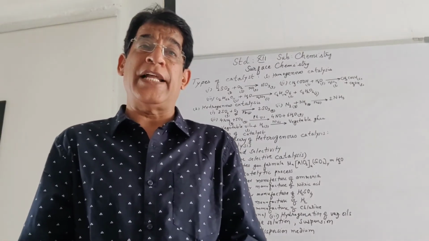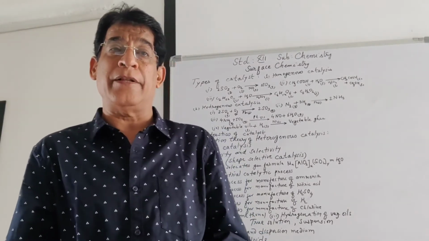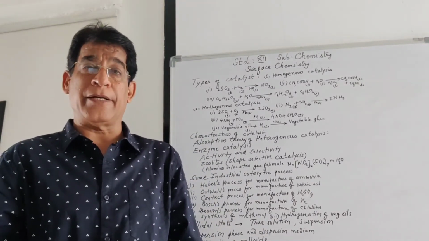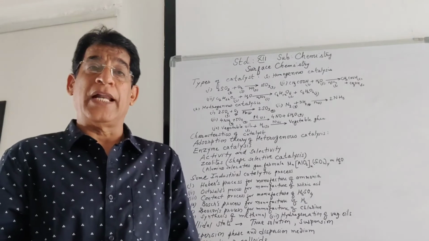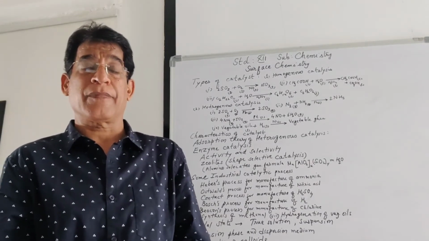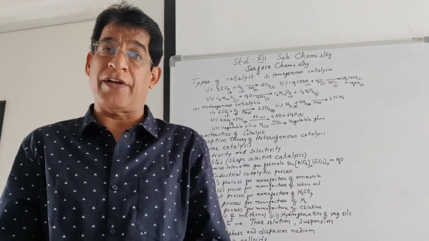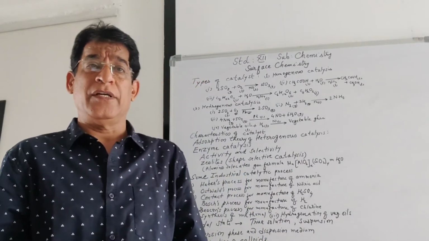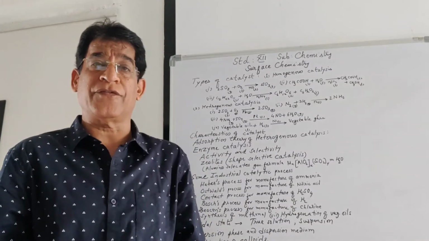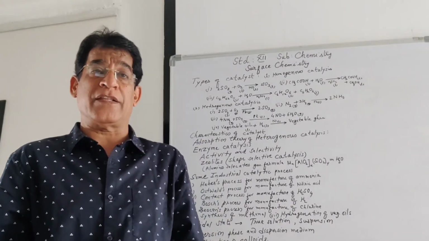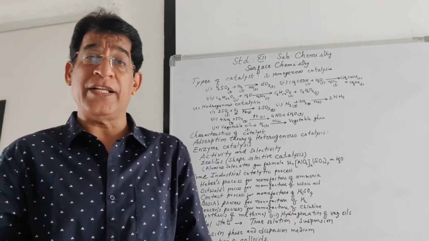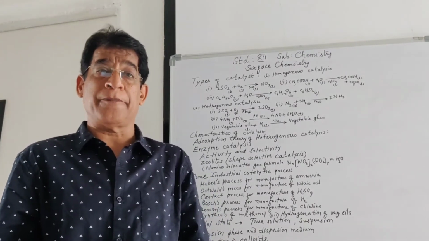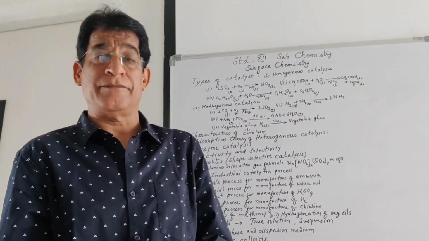Classification based on nature of interaction between dispersed phase and dispersion medium. Lyophilic colloids, that is water loving. The colloidal solutions in which the particles of the dispersed phase have a great affinity for the dispersion medium are called lyophilic colloids.